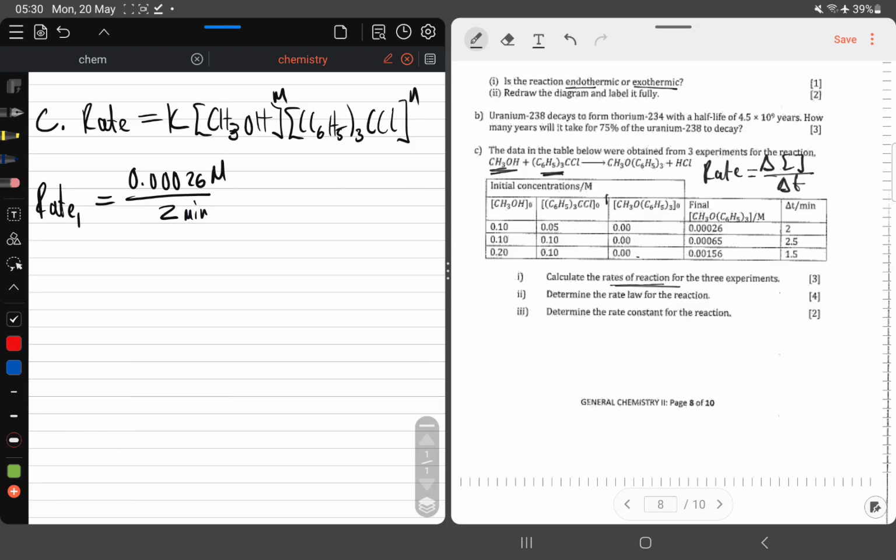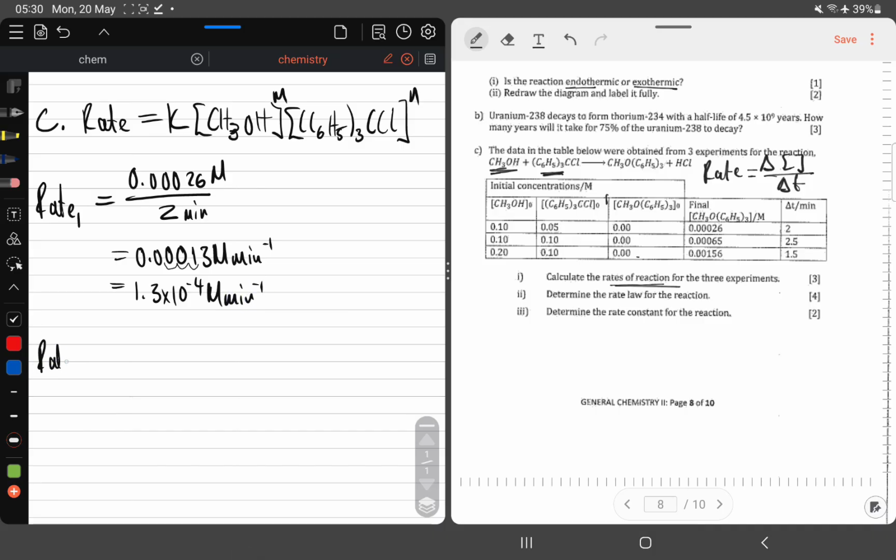So 0.00026 divided by 2 is 0.00013 molar per minute, which is 1.3 times 10 to the negative 4 molar per minute. That's going to be this rate.